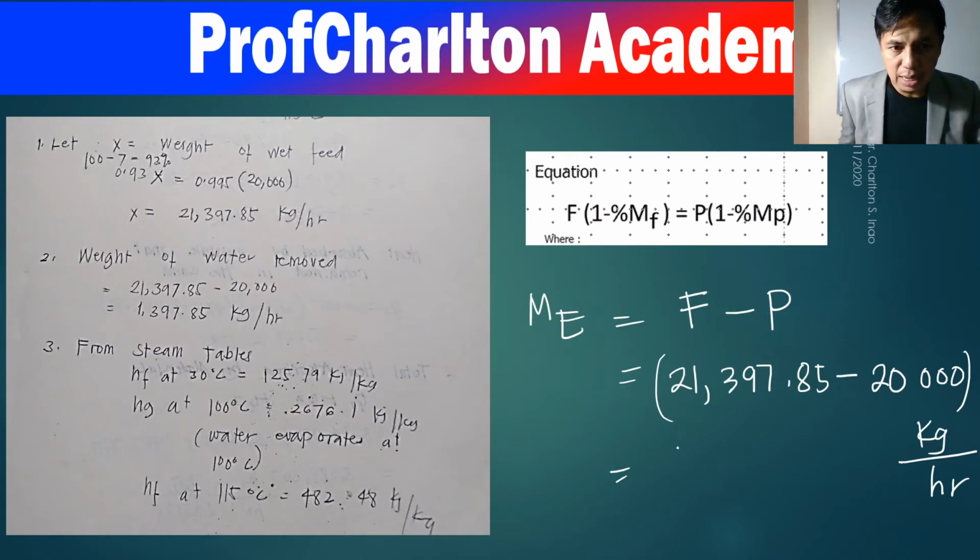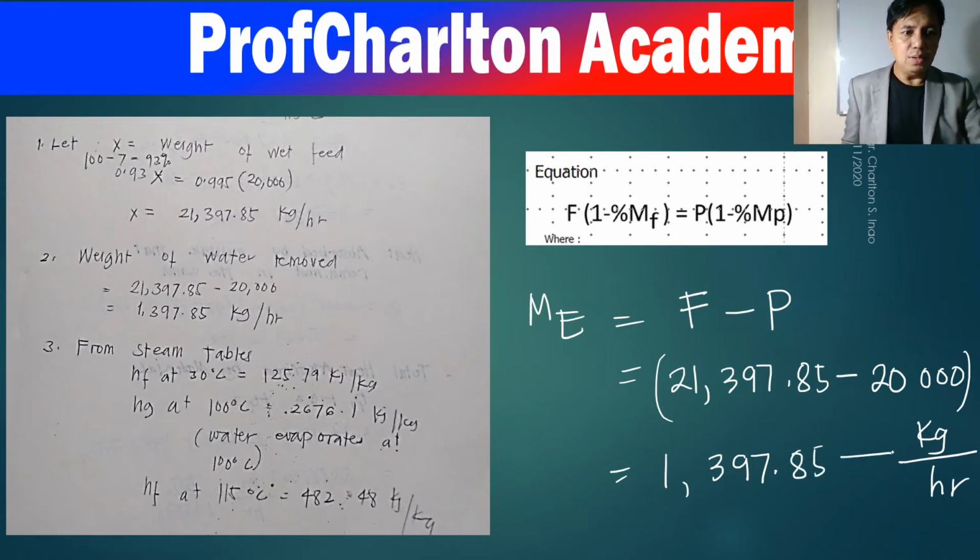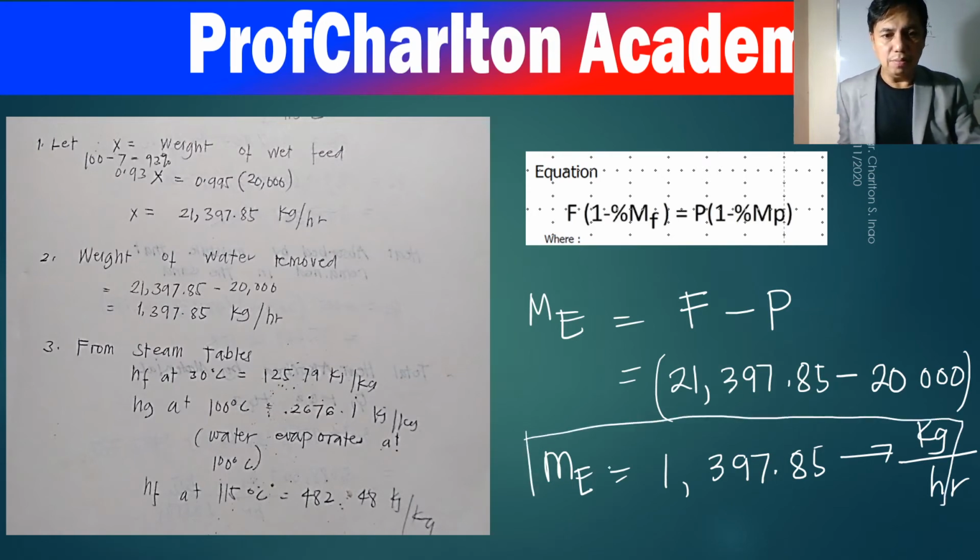You can get it without using a calculator: 1,397.85 kilogram per hour. That is the amount of water evaporated or removed, because it goes into the air, it evaporates.